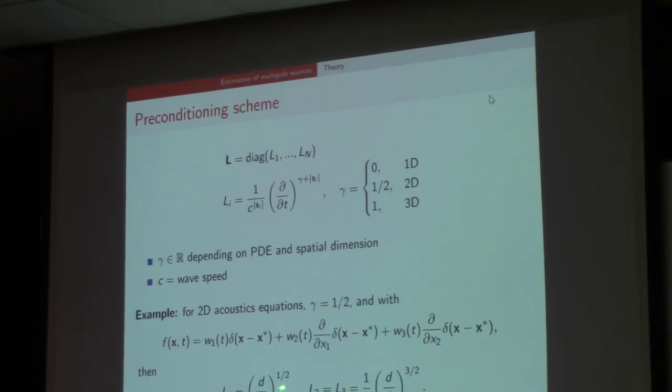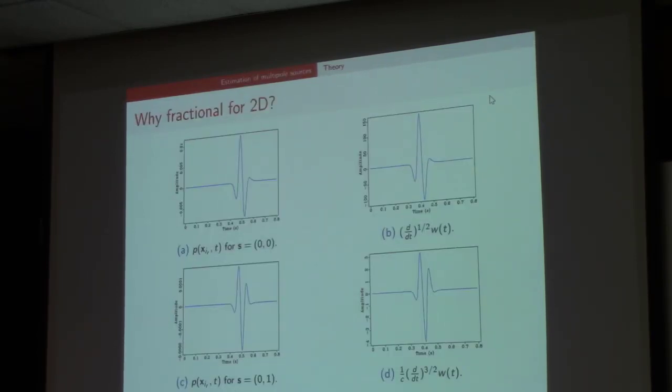Your L1 associated with the monopole should be just a half derivative, and your L3 and L2 associated with the dipole should be 1 over c. Again, you scale by c depending on the multipole order, and 1/2 plus 1 because it's a dipole, so a 3/2 derivative. That's the formula, but let me show you this visually to convince you that these are fractional derivatives.